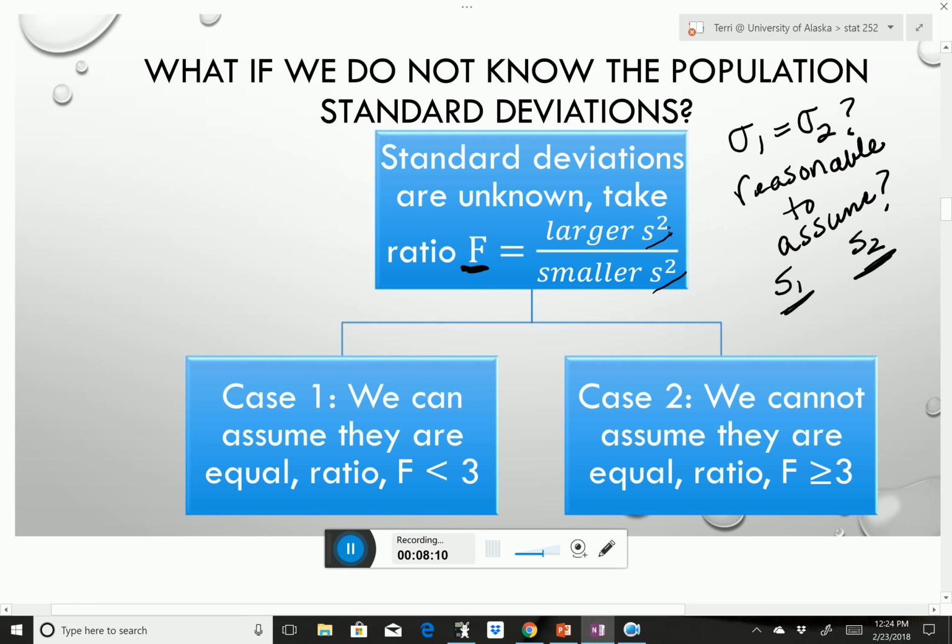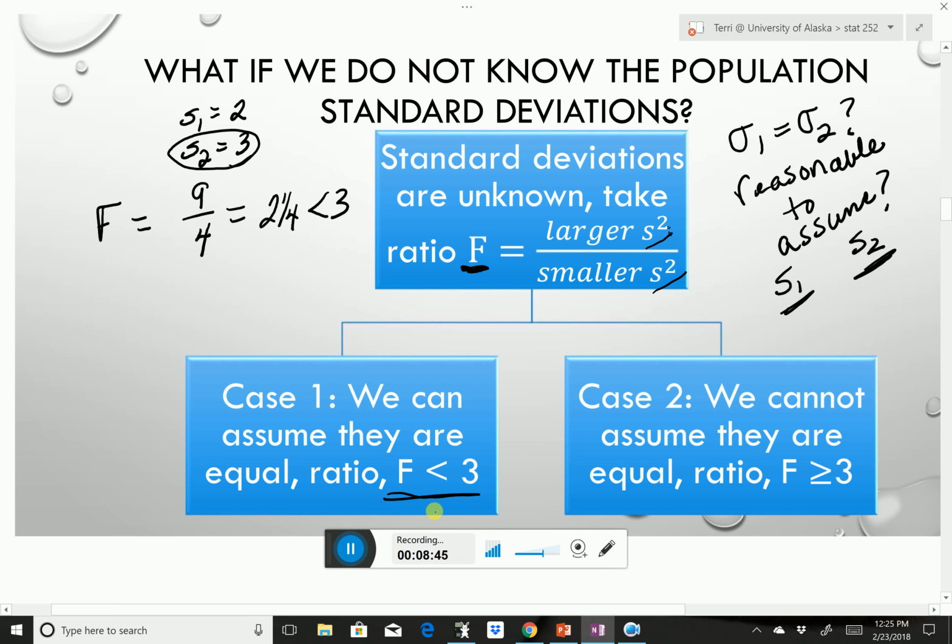So let's do some examples. Let's say that we know that S1 is 2 and S2 is 3. We find our F. Our F is equal to, in other words, we take our larger one, which is now 3, so 9 over 4. And that is 2 and a fourth. And then we compare it. Case 1, this is less than 3.